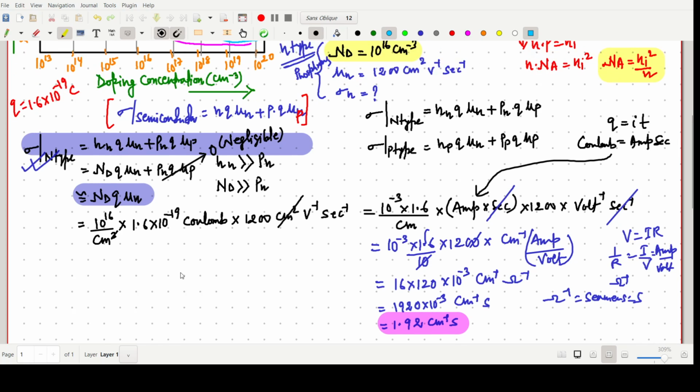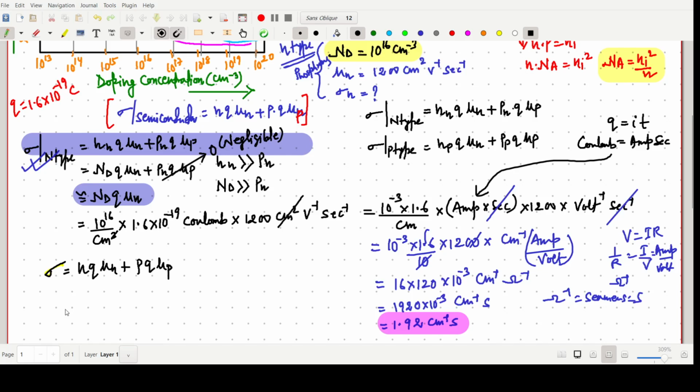The main conductivity formula is sigma equals n q mu n plus p q mu p.